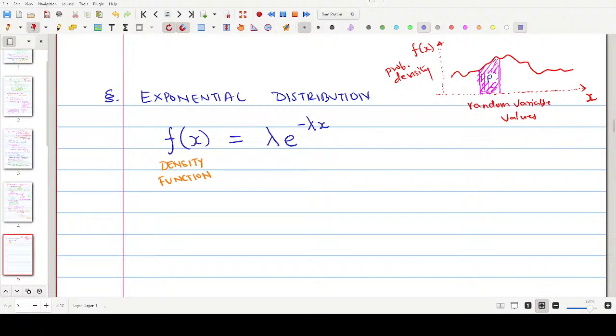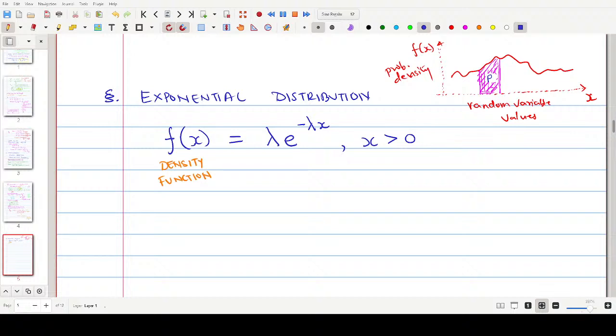Okay, so there is a lambda part here. This lambda is basically the distribution rate. Oh, by the way, before that I must mention that the value of x should be greater than 0. When x is less than 0, there is no value whatsoever.